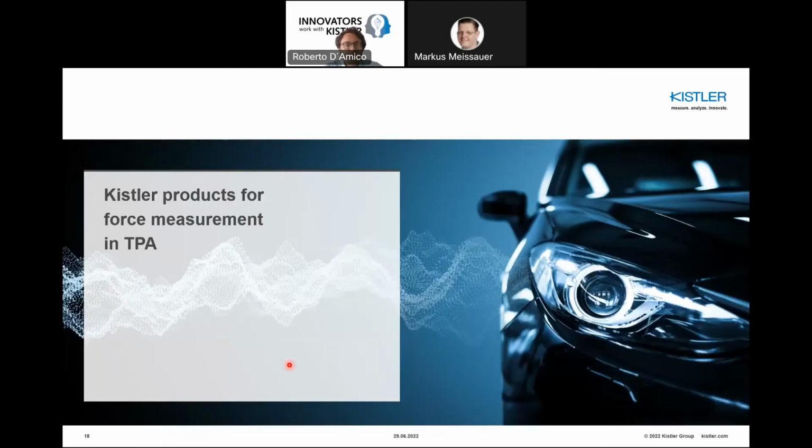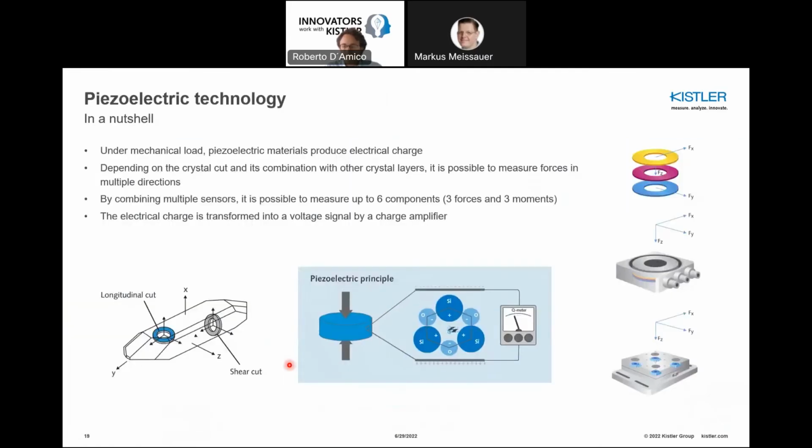And I then move to the second section about products regarding force measurement. Let me give you another crash course in piezoelectric technology for those of you that are not familiar with it. Basically, piezoelectric technology is based on the piezoelectric principle.